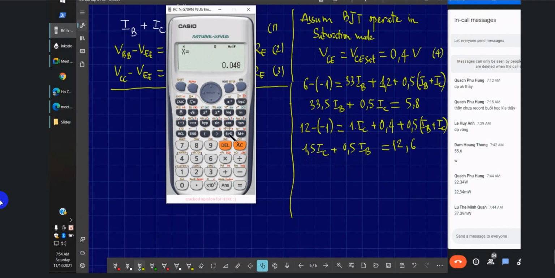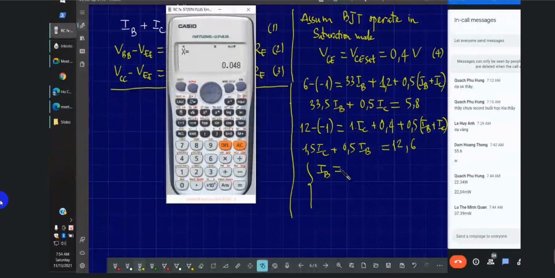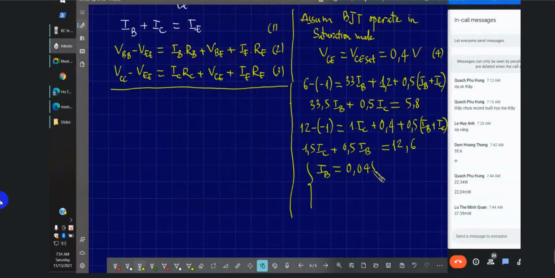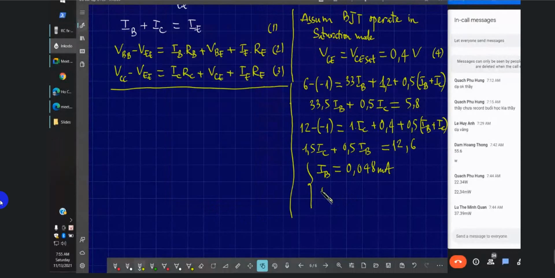So I got my IB, which should be 0.048 milliampere. Remember I put the values for the unit in kilo ohms, so I got my result as milliampere. And the next result should be 8.384 milliampere. Okay, and then we have to check whether this result is acceptable or not.